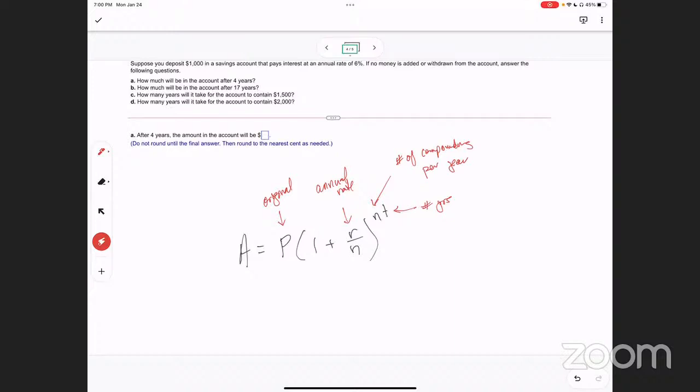So let me give you an example of what I'm talking about with compounding interest. Let's say you have $100 in the bank, and let's say they're giving you a 10% interest rate, which is huge, but let's just say.